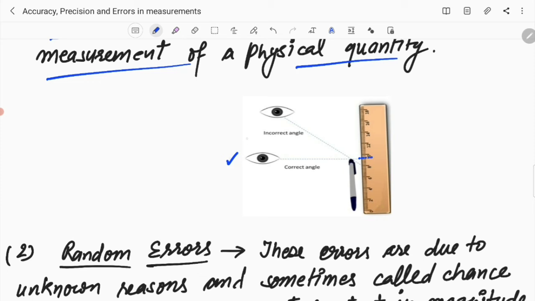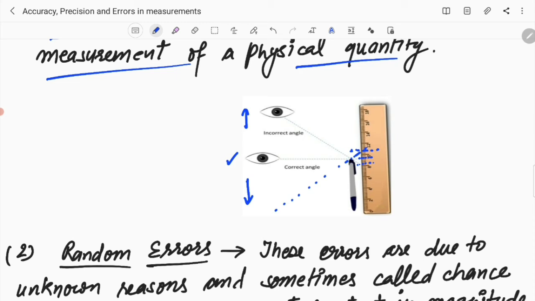But if we are going a little bit to this side or this side, then definitely we will not measure the right value. It will be this one. So we will read a little bit less. If we are measuring from this side, it will be this way, and we will measure it a little bit greater.